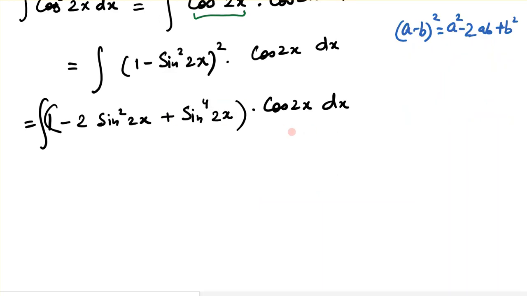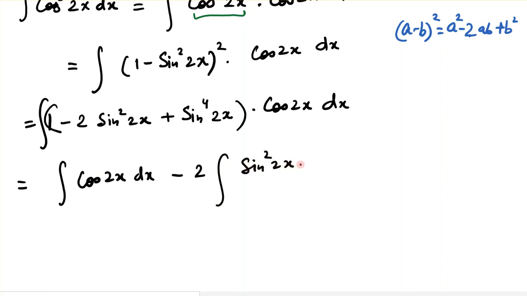Now we can rewrite this as three integrals. So we get integral of cosine 2x dx, minus 2 times integral of sine square 2x cosine 2x dx, and the last one we have is integral of sine raised to power 4 of 2x cosine 2x dx.